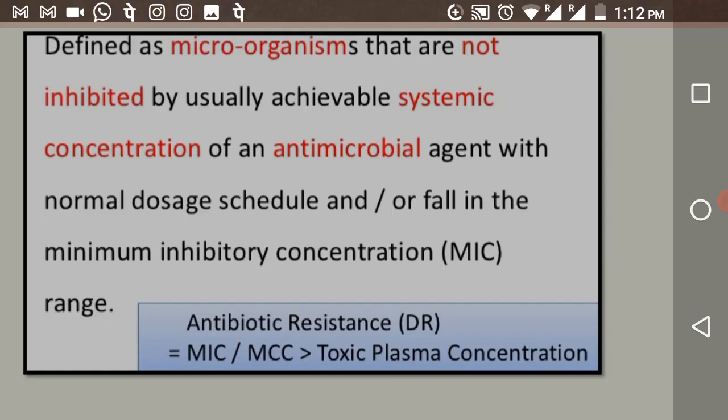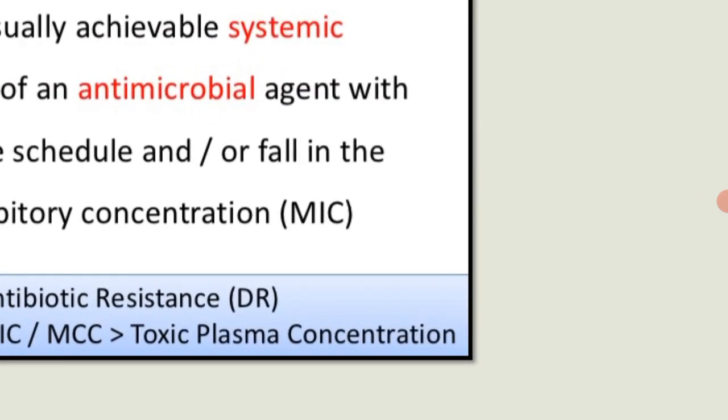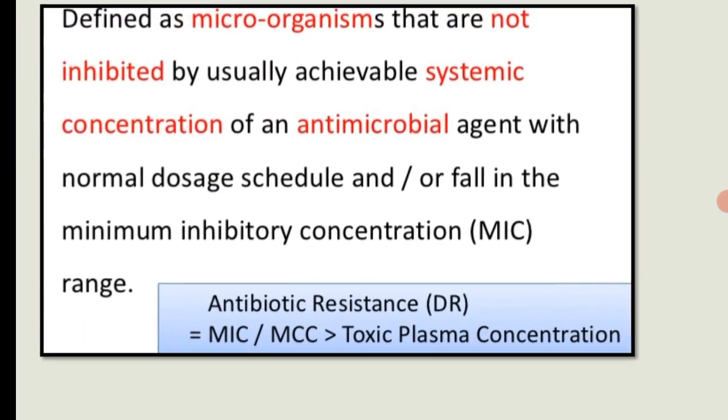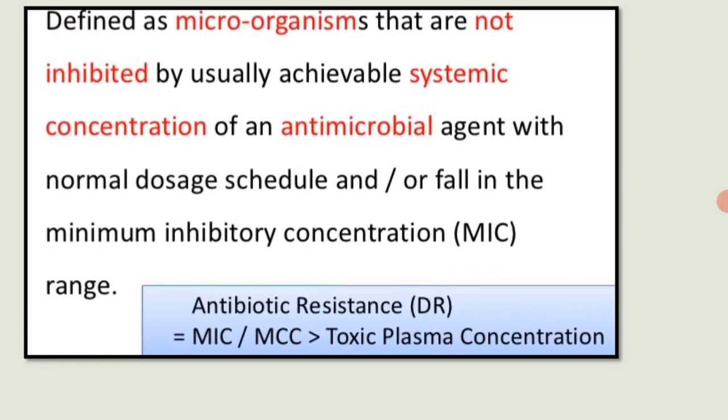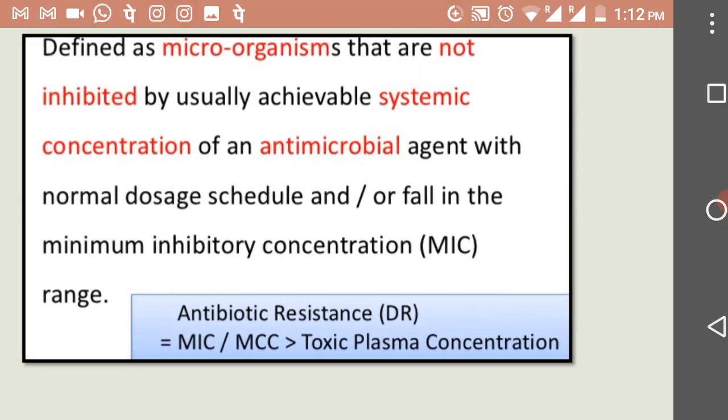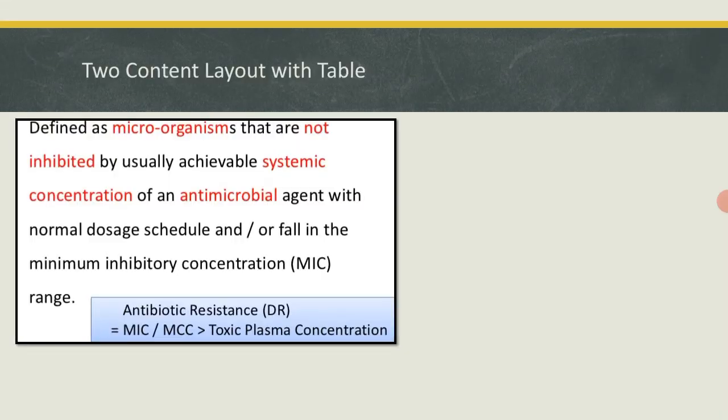So it means that the antibiotic resistant organisms or strains are the microorganisms, the pathogens, which are now opposing the effect of the antibiotic that previously was successful against them, but due to their genetic change or any mutation, they now oppose the effect of the antibiotic.